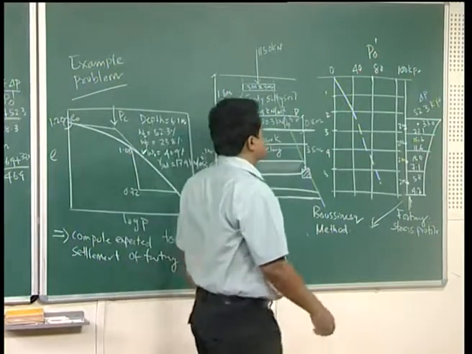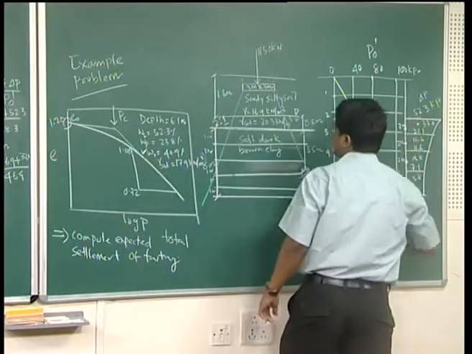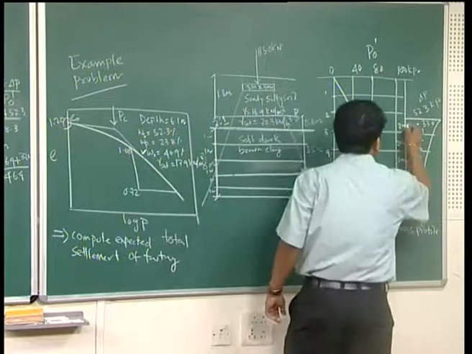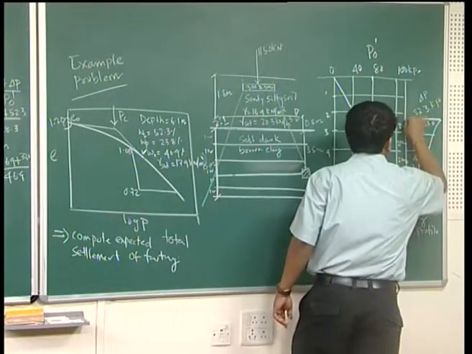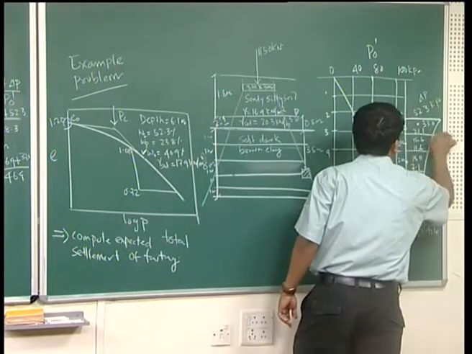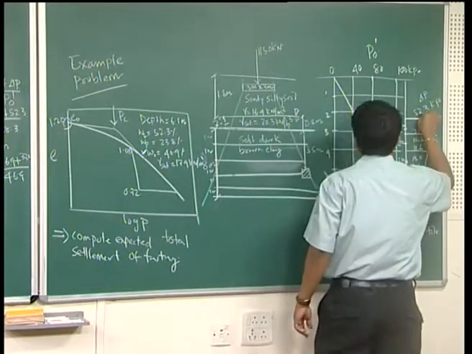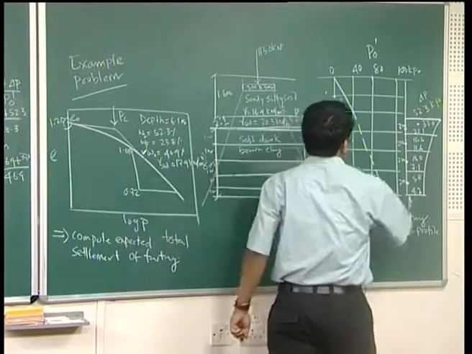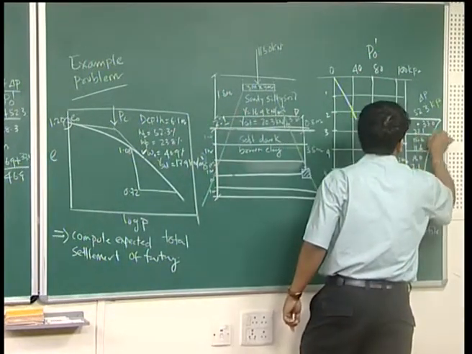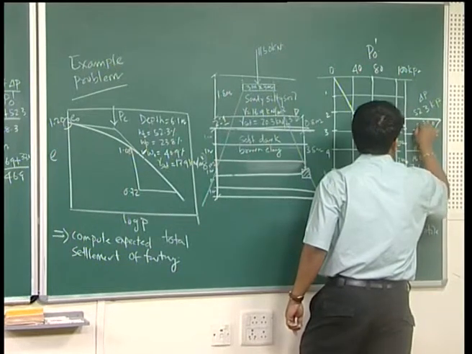So, this has been calculated. Every 2 meter interval, how much is your increase in stress? If this is the 2 meter interval, the increase in stress here is 52.3, then at the next 2 meter interval 22.1. We are going to calculate the settlement at the center of the layer.